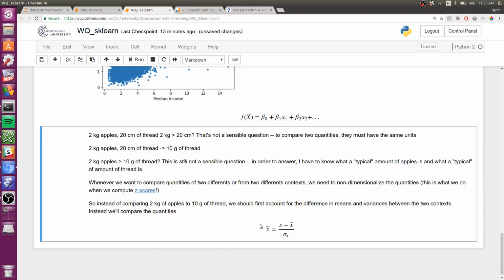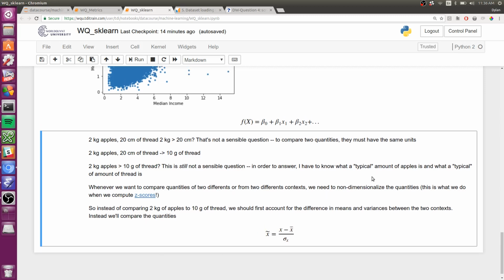So we would first look at the mean kilograms of apples in our sample and the standard deviation of the amount of apples in our sample, and likewise for thread. And we would non-dimensionalize those quantities by subtracting off the mean and dividing by that standard deviation. And so then we could compare these two things.